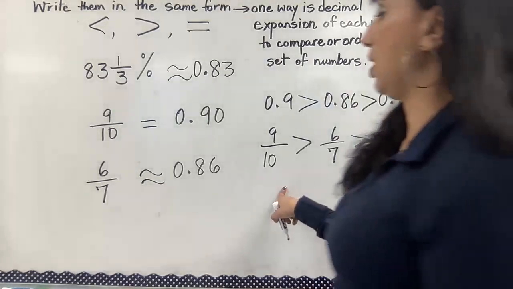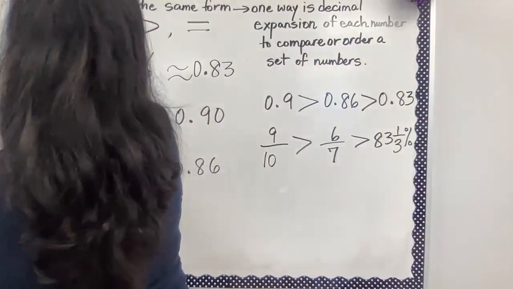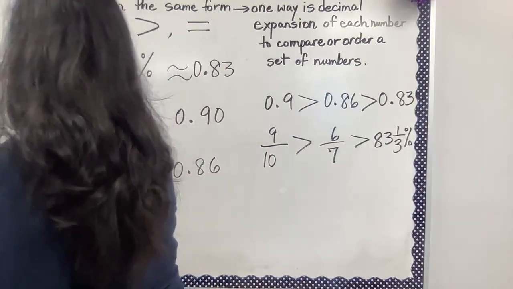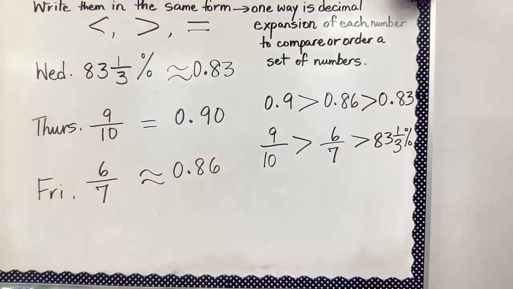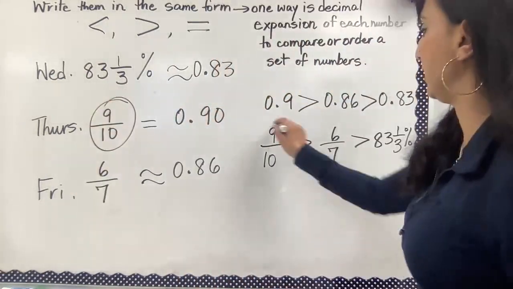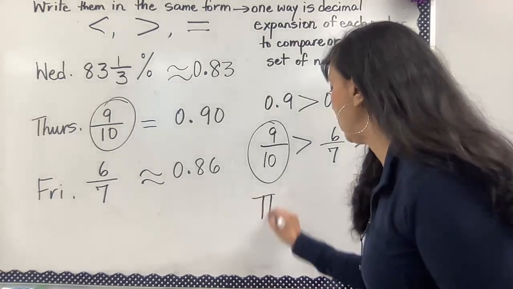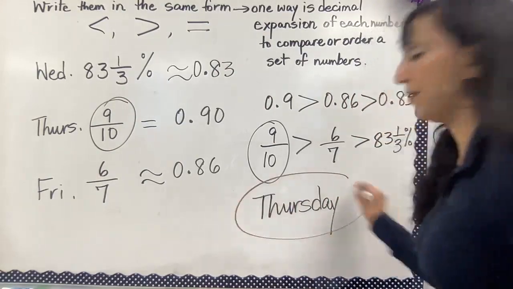We said this was Wednesday, this was Thursday, and this was Friday chance of rain. So where is the greatest chance of rain? It's definitely this one here. Therefore there's the greatest chance it will rain on Thursday, which is the correct answer.